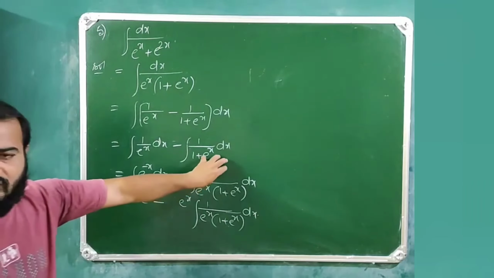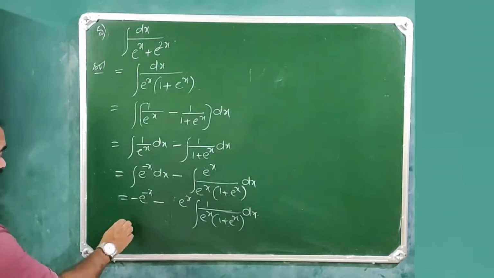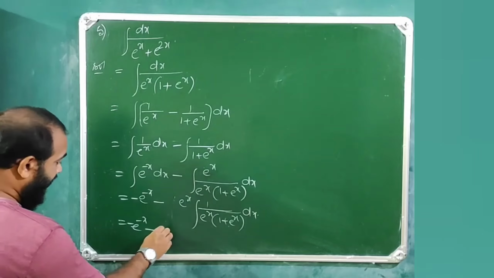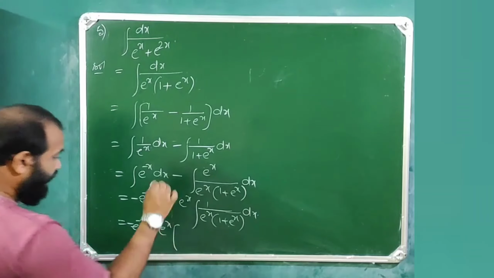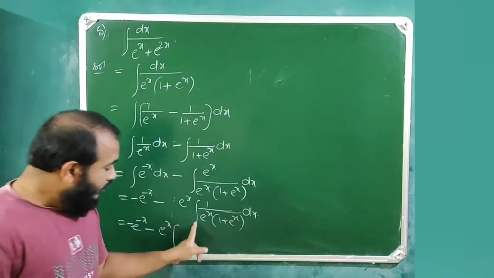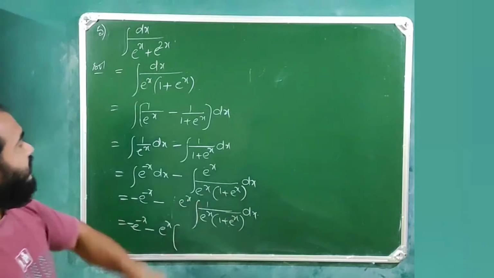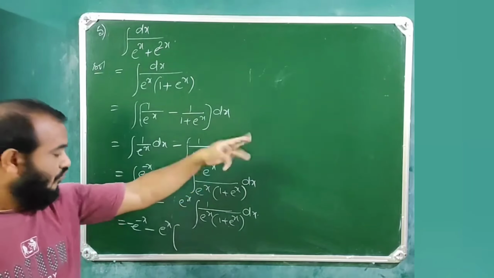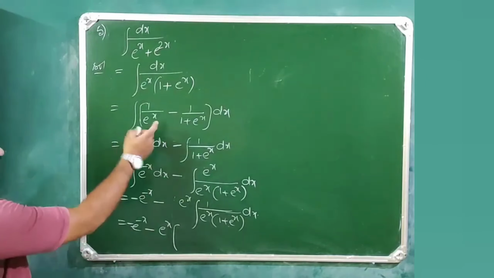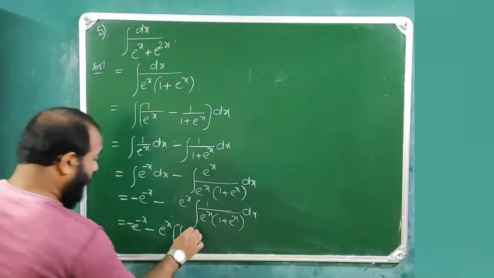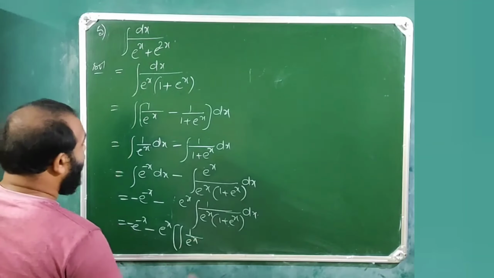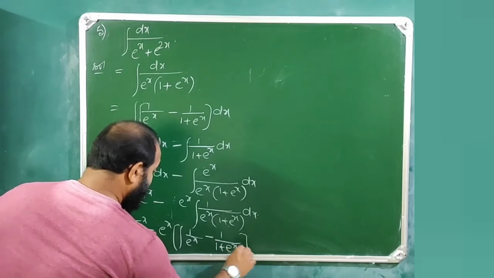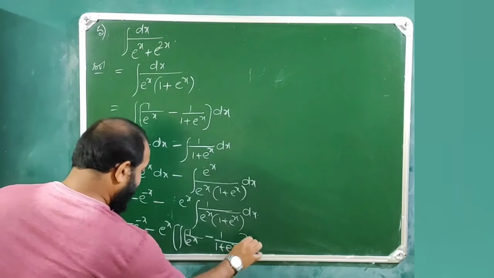So can we write this as e power minus x minus e power x into integral 1 by e power x into 1 plus e power x dx? So the same I am writing like this only, integral 1 by e power x minus 1 by 1 plus e power x dx.